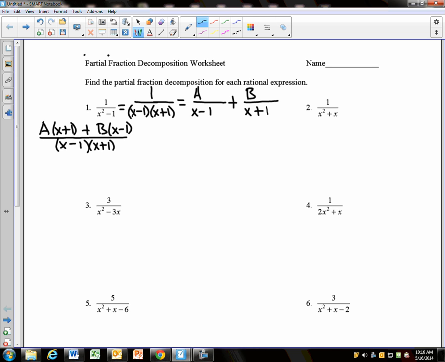You agree? Okay. Does the bottom equal x squared minus 1? Yes.